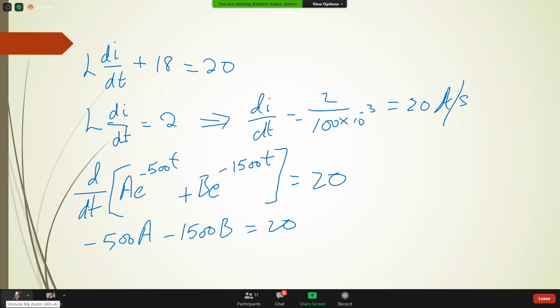But earlier, we know that what's the relationship between A and B? A is equal to minus B. So it means therefore that 500B minus 1500B is equal to 20, or B is equal to 20 over 1,000.